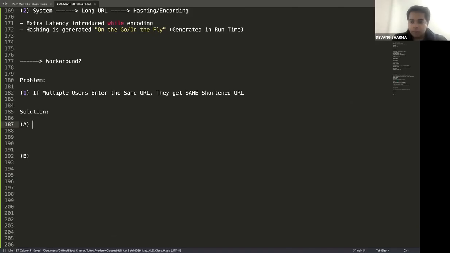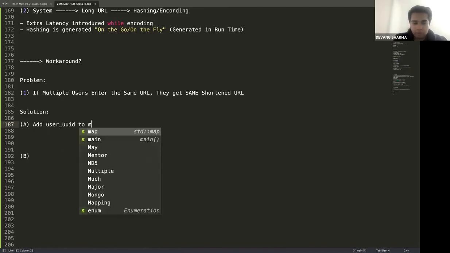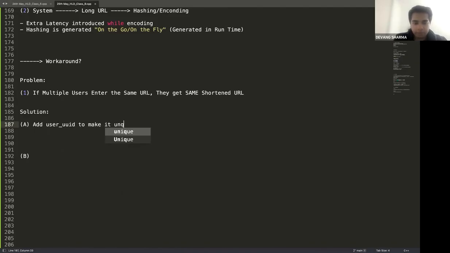If I have to talk about keeping it unique, the whole idea is I want to keep it unique. So what I can do is add some user identification to make it unique. So my key can be made like user ID plus the timestamp plus the actual long URL.